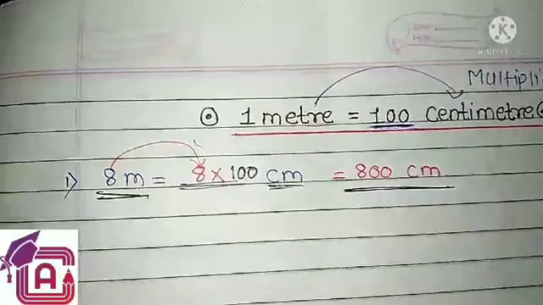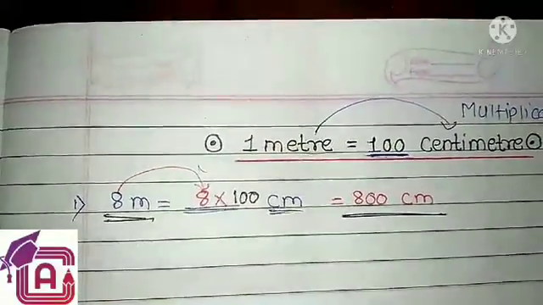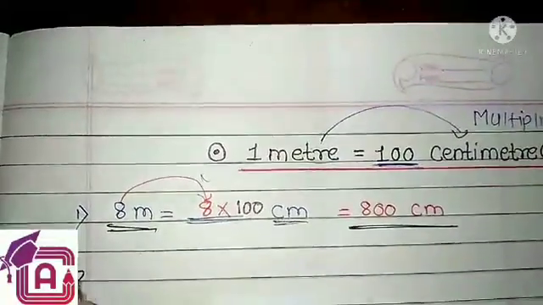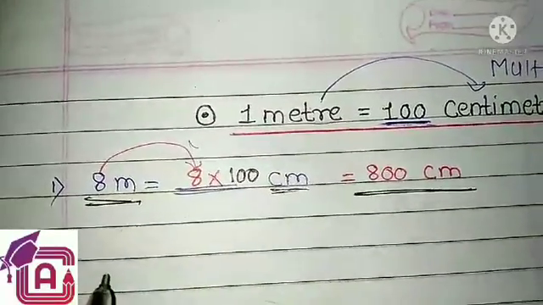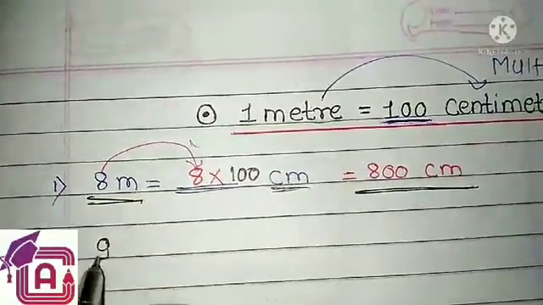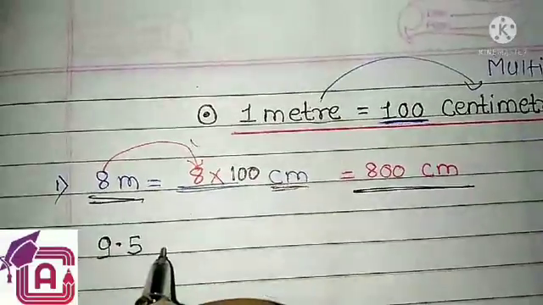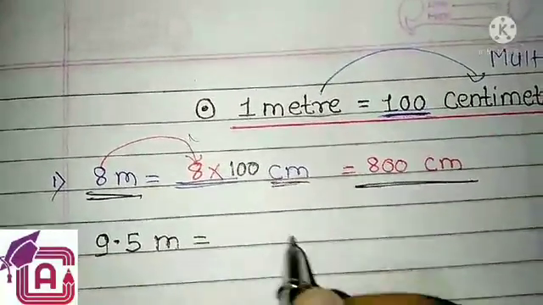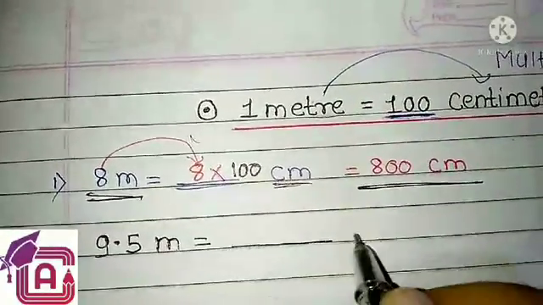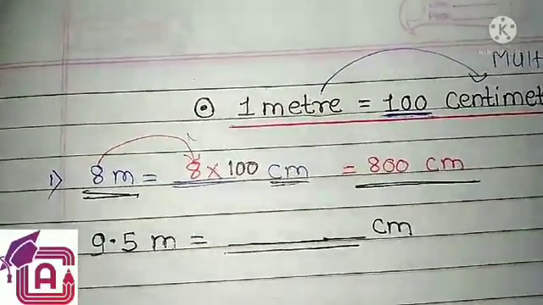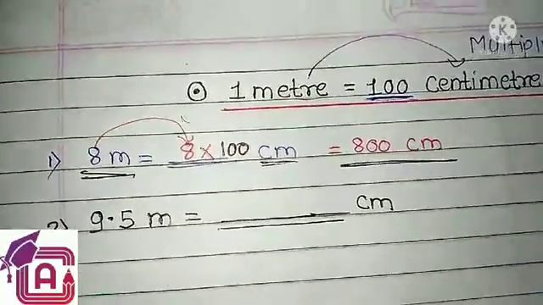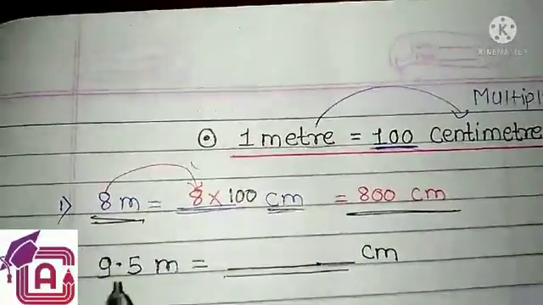Now we are looking towards the second example. If the distance is given like this, 9.5 meter is equal to how many centimeter. Again perform the same thing.